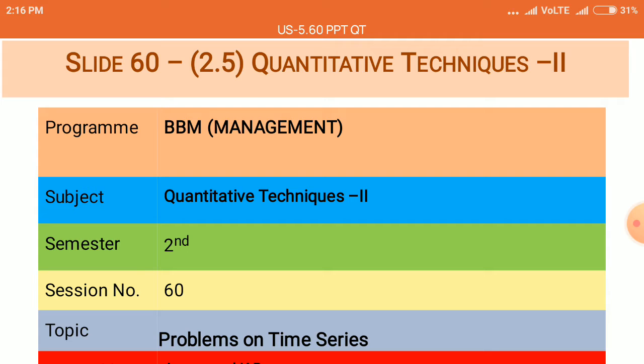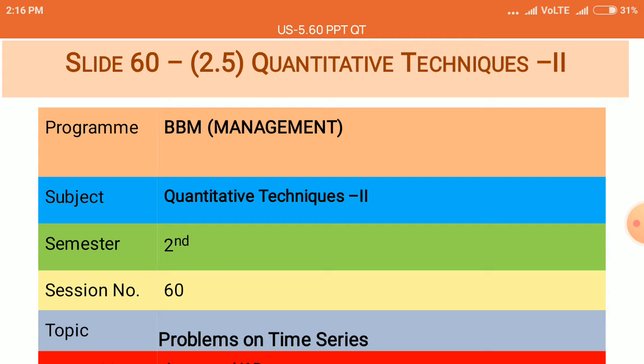And from a time series we can know the dynamic pace of movements of a phenomenon like production, sales, etc., over a period of time. The techniques of index numbers and time series in statistics deal with changes over time, and they are dynamic in nature.